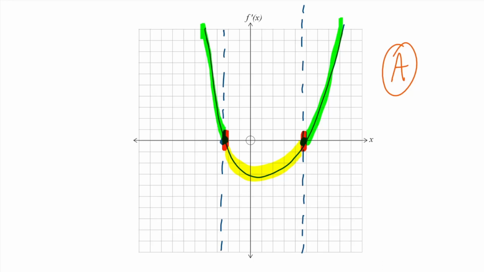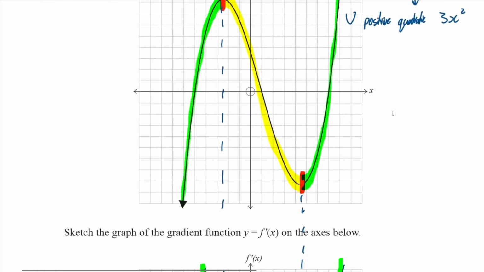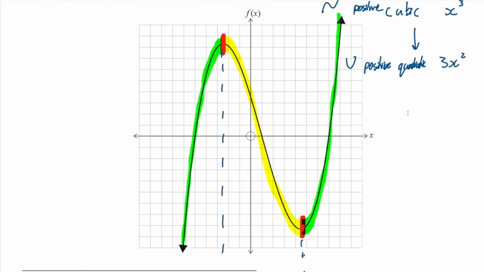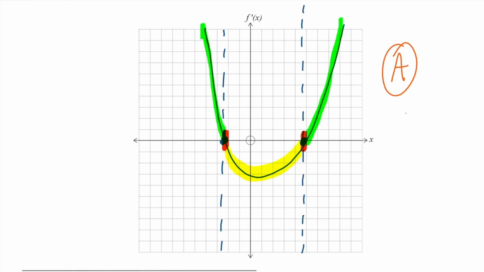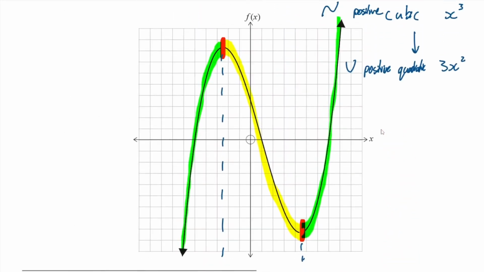Actually, I'm back. I forgot something. So this question, somehow it's a merit question. Specifically, for the merit point, we had to get the turning point of our quadratic, this point right here, to be in line with the steepest section of the yellow, right? In other words, this point here is the most steep of the yellow section.